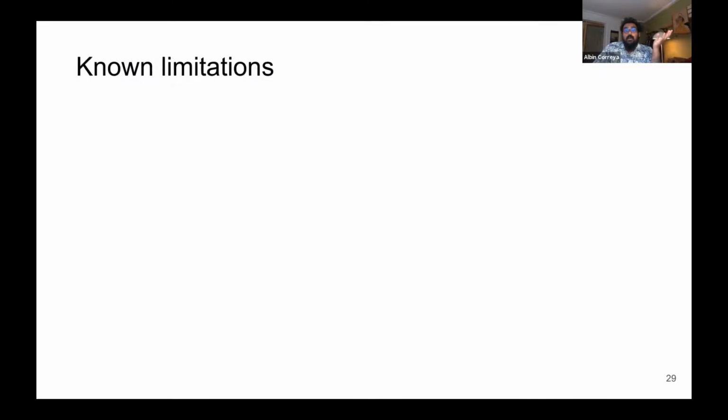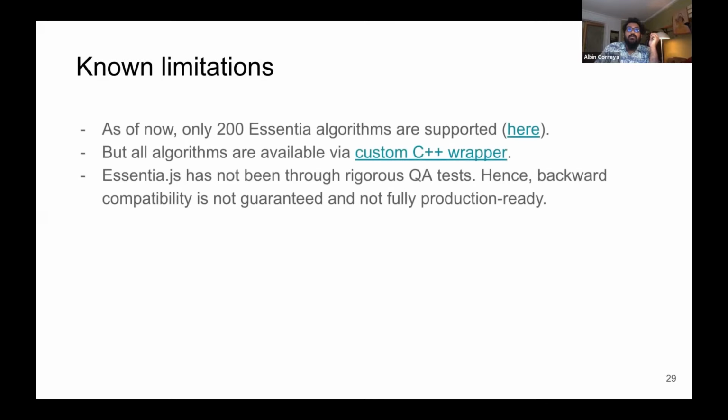And also mentioning these things, we want to make a note of some known limitations we have. We figured out, and we are also actively working on resolving it, that as of now, only 200 algorithms are supported using this JS wrapper we released. That's mostly because of the limitation on how Emscripten wraps some types.